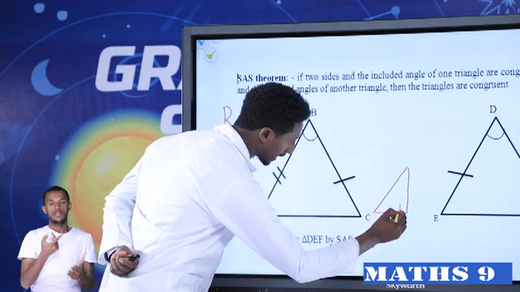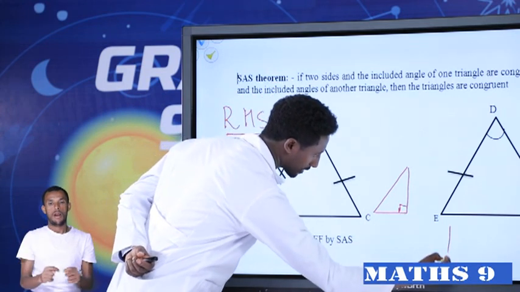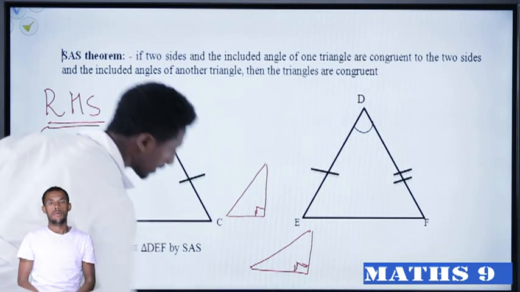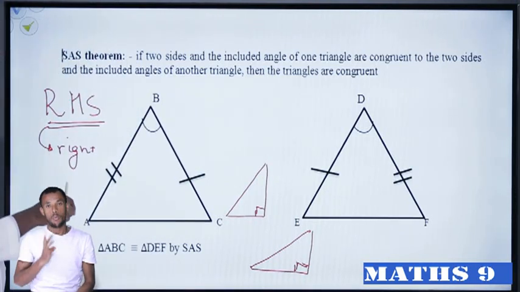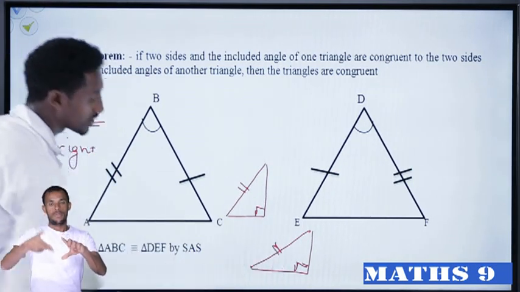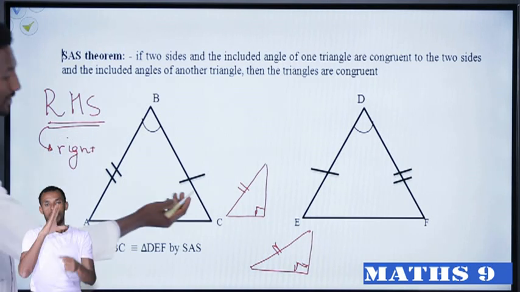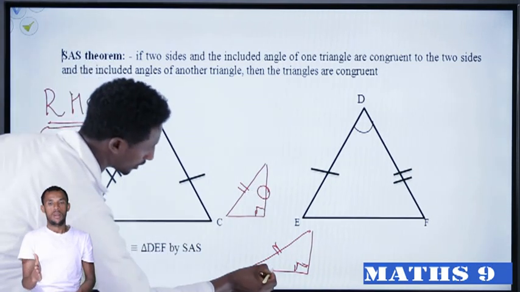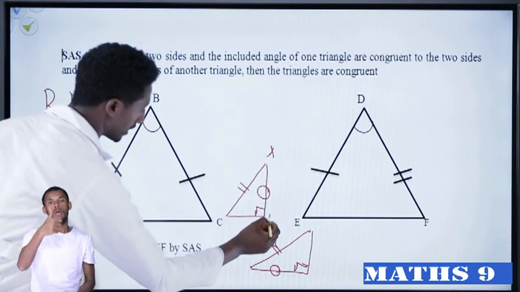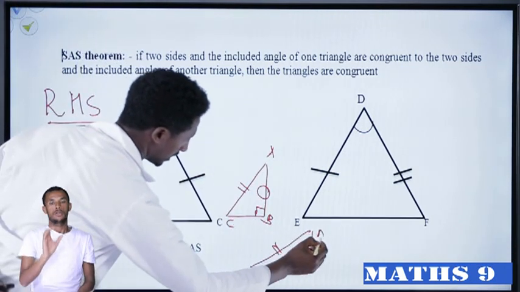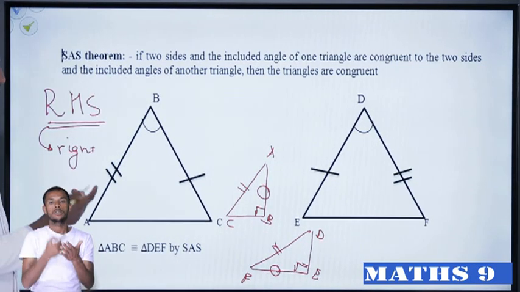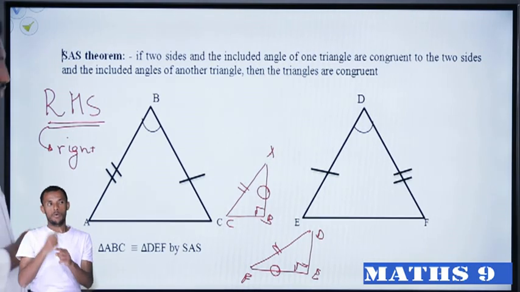This is a right angle triangle, and another right angle triangle. If we need to prove this by RHS, the hypotenuse must be congruent and one of the sides must be congruent, if this side is congruent to this one. This is A, B, C, D, E, F. So using this RHS, we can prove these two triangles are congruent.